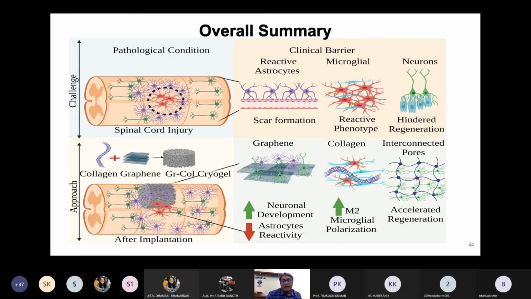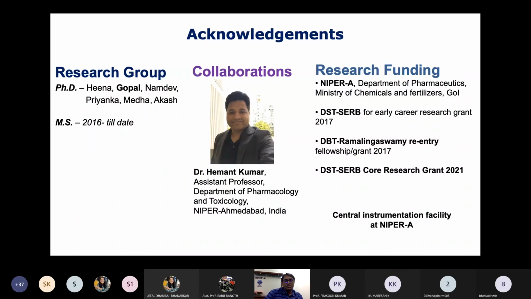We can have more anti-inflammatory microglia polarization. The ratio is shifting towards the anti-inflammatory, and hence we can get accelerated neuronal regeneration because of the interconnected pores. So with this overall summary, I would like to finish my talk.